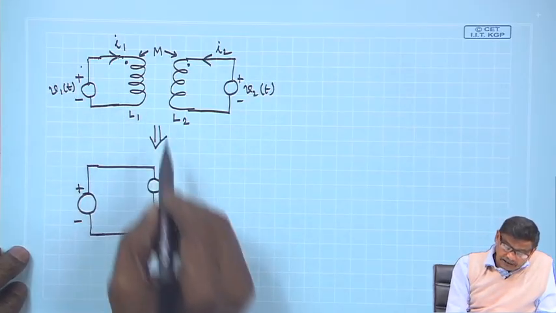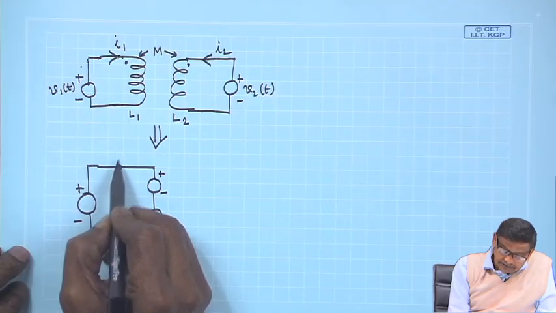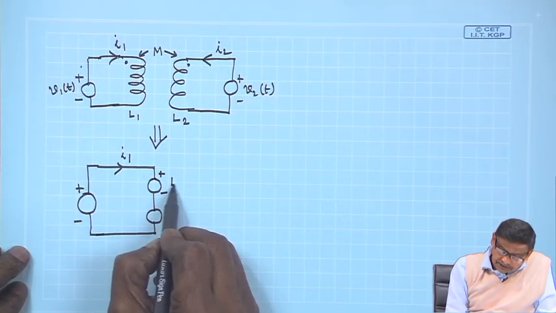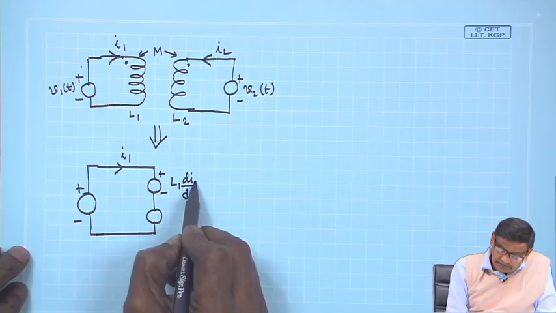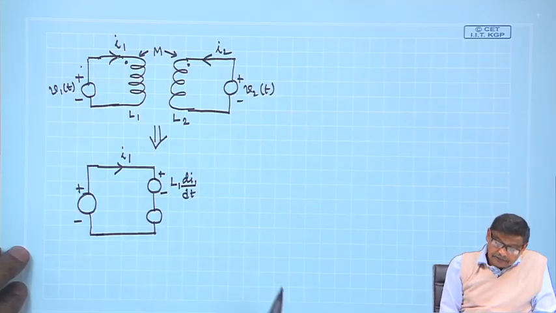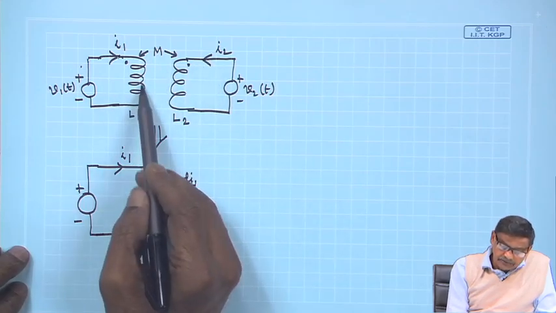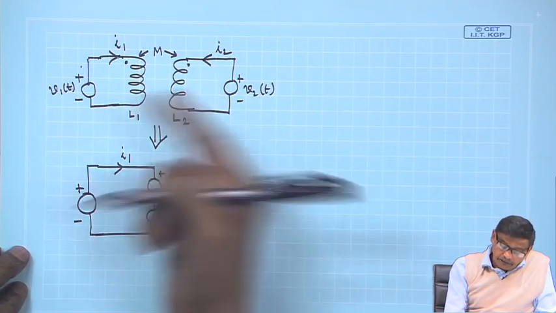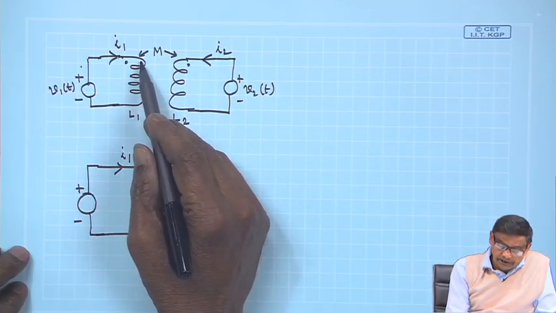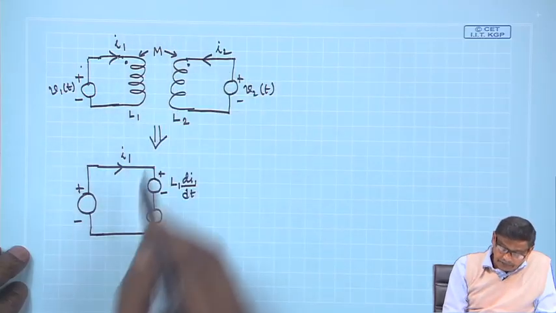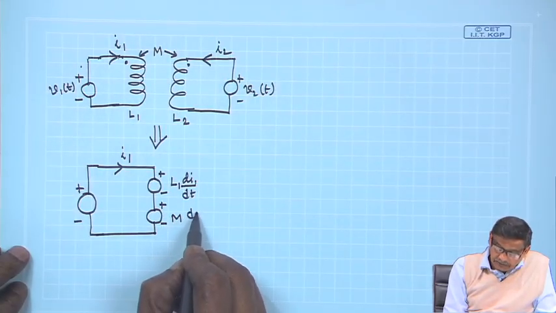So, for example, here there will be one voltage, plus minus, I 1 is this current. For self inductance, this is the source L d I dt. Similarly, for the current in the second coil, there will be an induced EMF here, and what will be the polarity? Through the dot it is entering, so the dot will become plus, that is the upper side. So, this is plus minus M d I 2 dt.